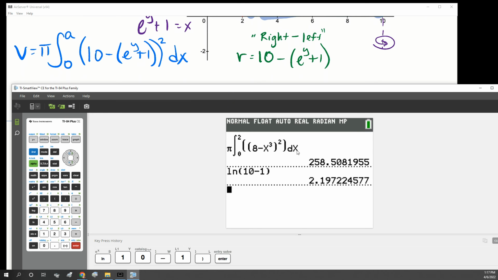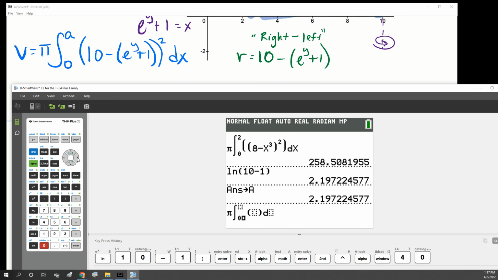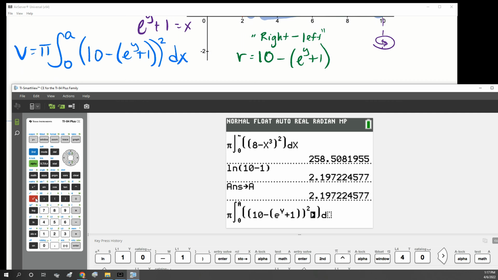Okay, I have that in my calculator, so I'm just going to store that as A. Now when I do my integral, I put all that stuff in its own set of parentheses. So lots and lots of parentheses here. I'm going to use y, though you technically can just keep using x. Close the parentheses on that, close another set, square, and then dy.